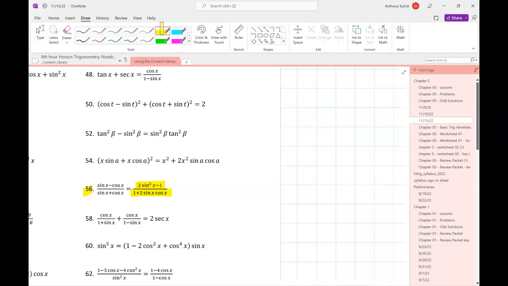The top one, because I have something squared minus something squared. Well, something squared-ish. The 2 is kind of a problem, but we'll figure that out in a minute. So I want to make a difference of 2 squares with the numerator. So I'm going to multiply the top and bottom by that.